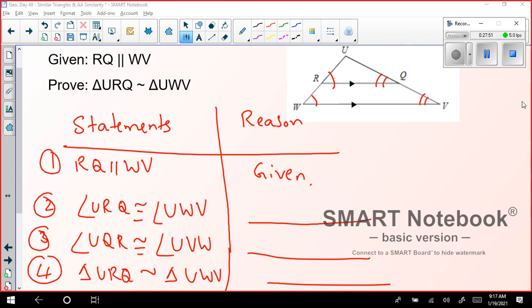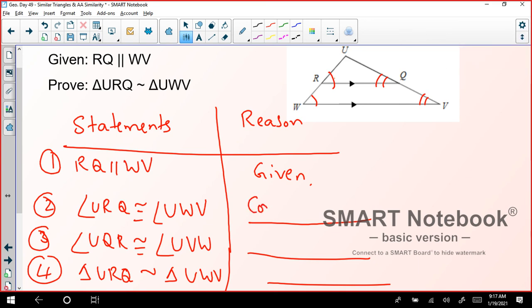As you all pointed out, these two are a corresponding angle pair. So you know corresponding angle pair congruency postulate. So you can just say corresponding pair postulate. And it's the same for the third step also.